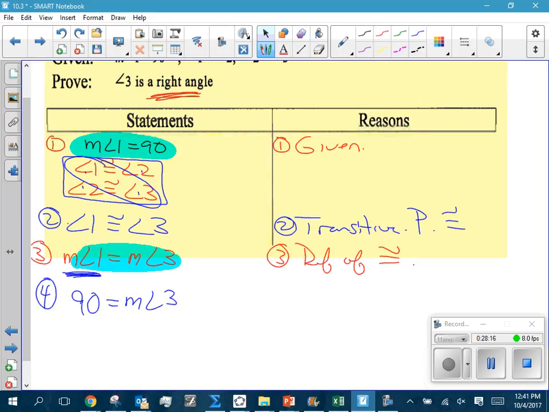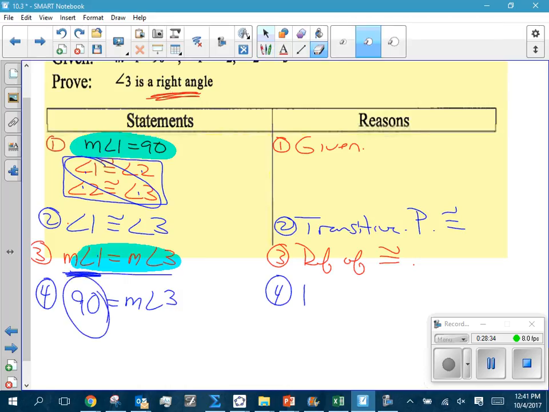We now get to step 4, that measure of angle 3 is 90. So now I have an angle that has a measurement of 90 degrees. And if I go from this statement here and replace measure of angle 1 with 90, what was that reason? Substitution.